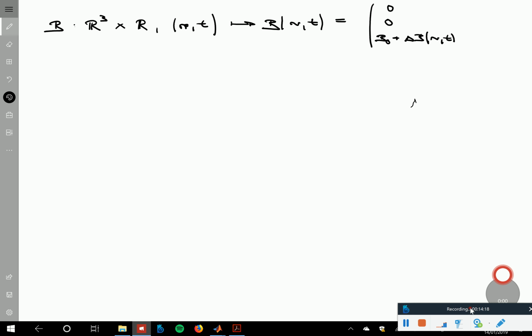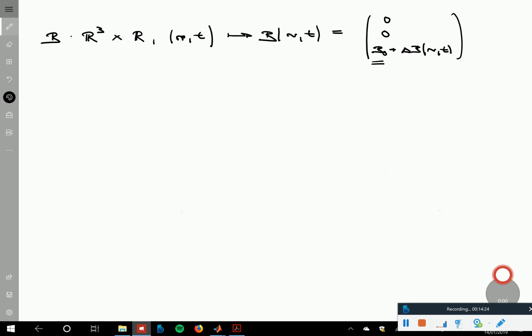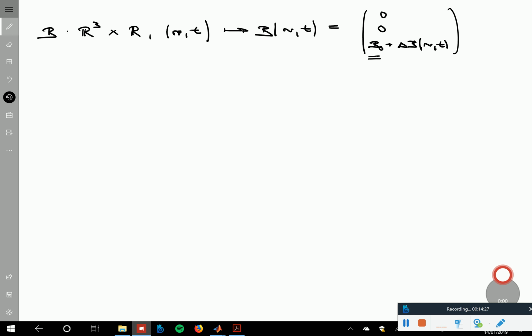So it has contributions from the static magnetic field and from the gradients that are turned on during the imaging process. So we're not talking about excitation, but the gradients that are turned on during excitation.